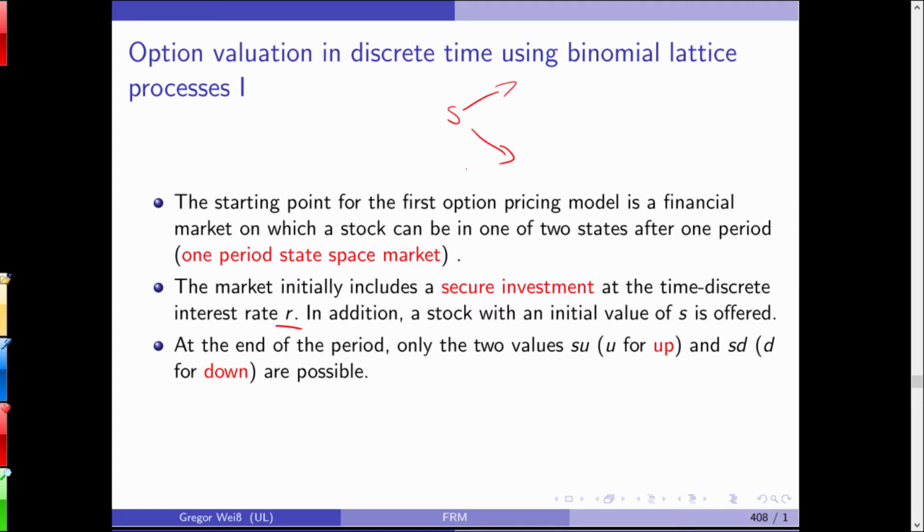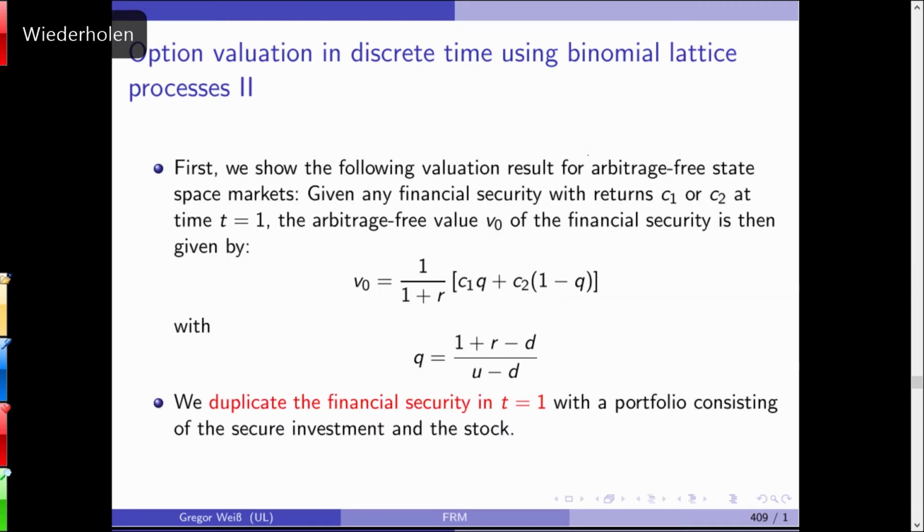This is what is meant by a two-state space model. So we have SU or SD, U for up, D for down. Very simple.